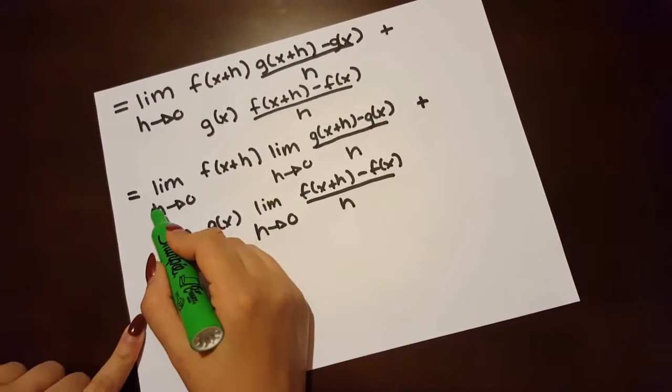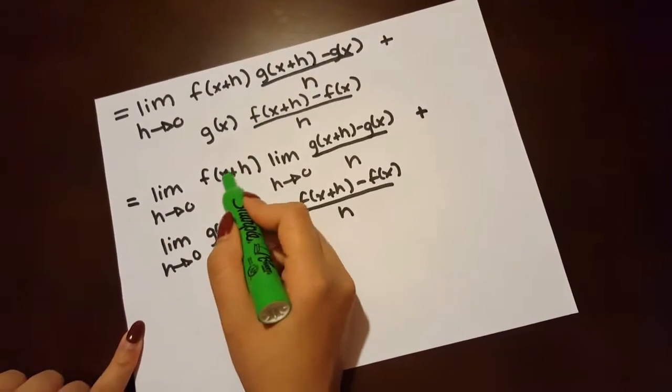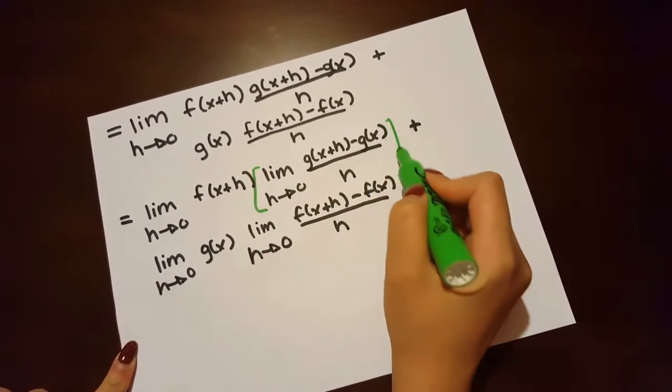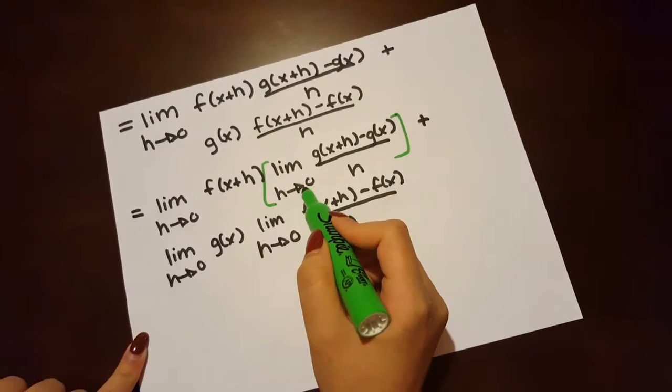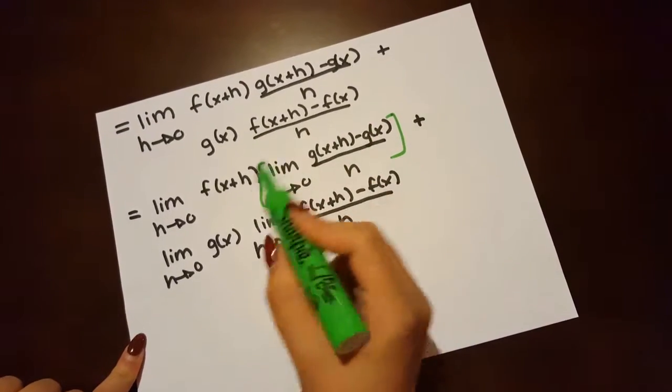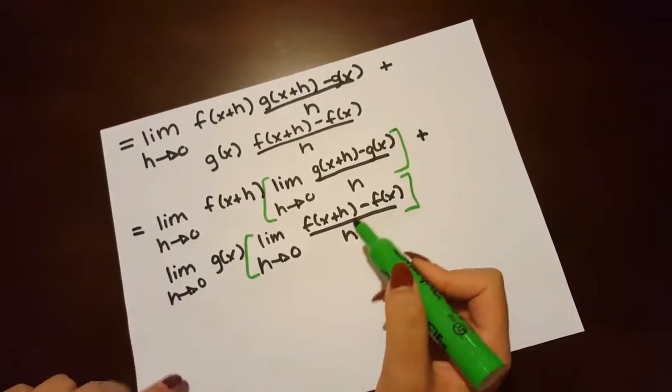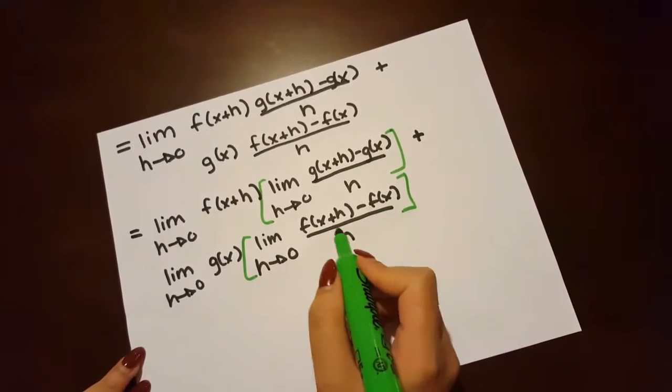So as h approaches 0, in this case, it's just going to leave us with f at x. And as you'll notice, this part, by definition, is the derivative of g at x. And this part over here, by definition, is the derivative of f at x.